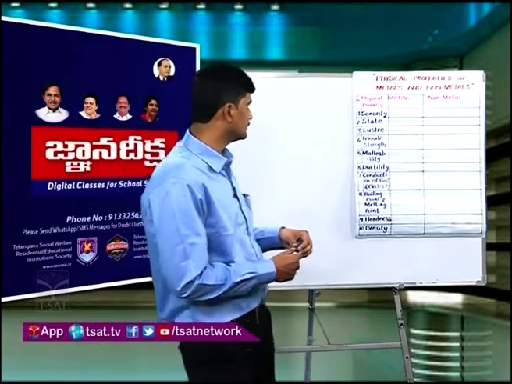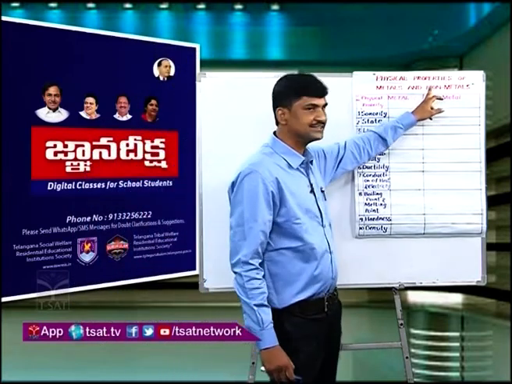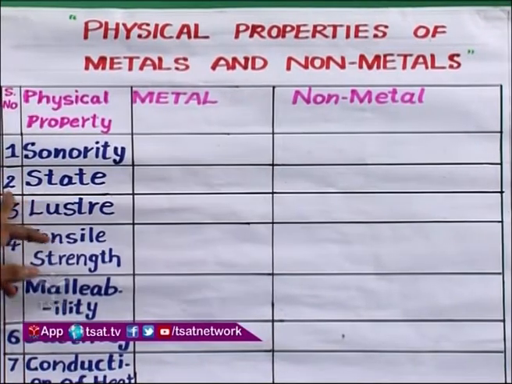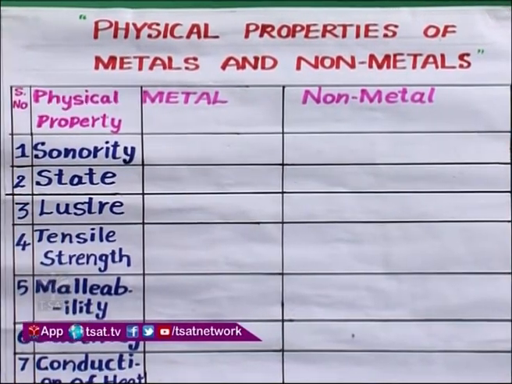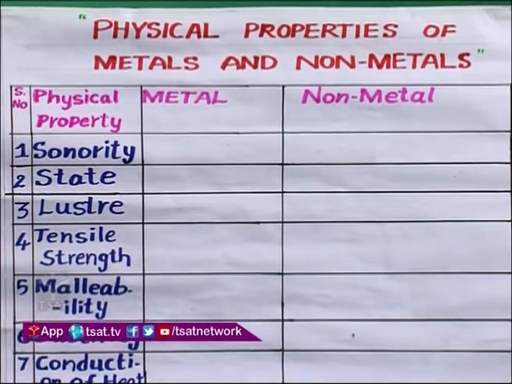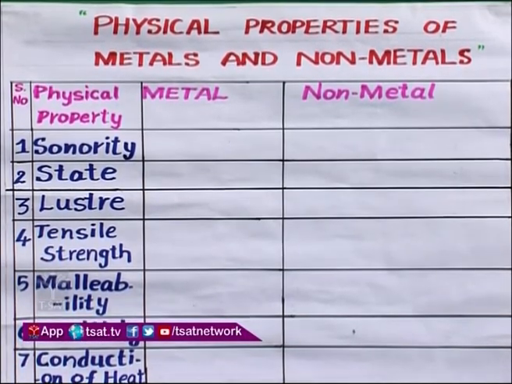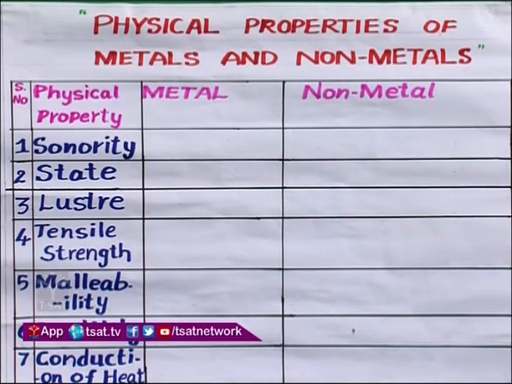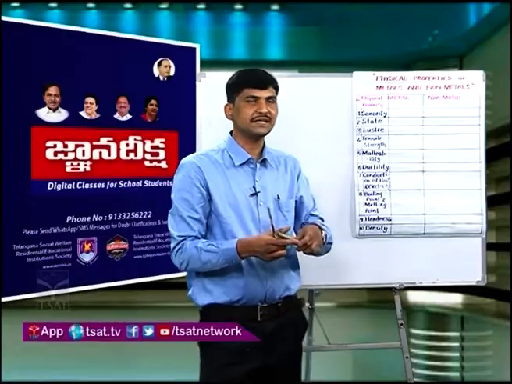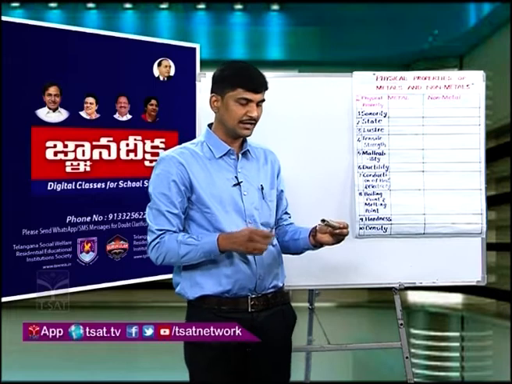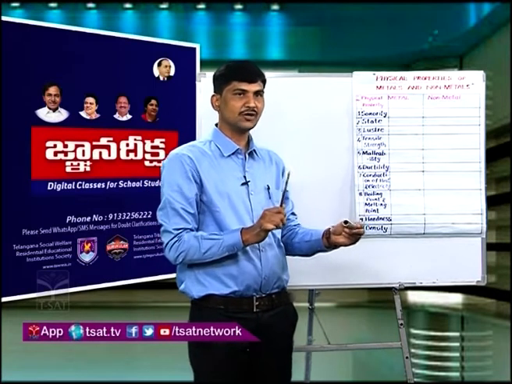So here, children, some physical properties of metals and non-metals are given in the chart. The first property is sonority. Sonority is nothing but, whenever we strike a hard surface with a metal, it gives a ringing sound like this.